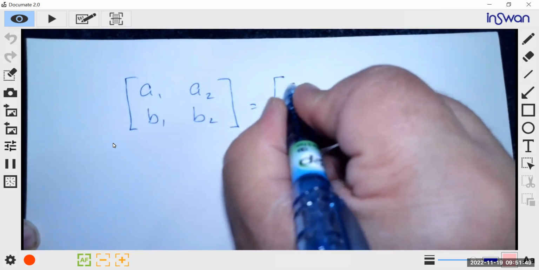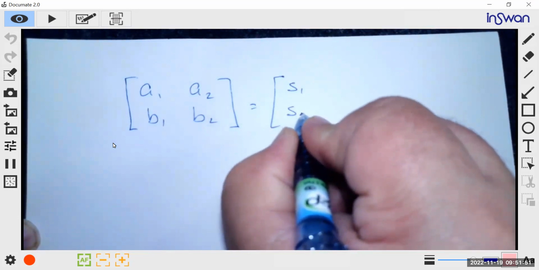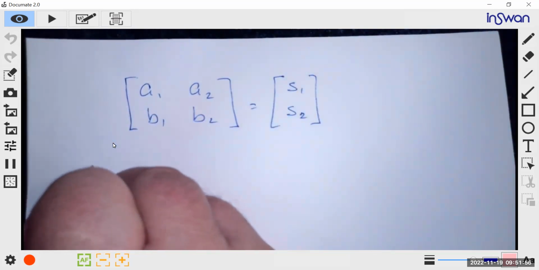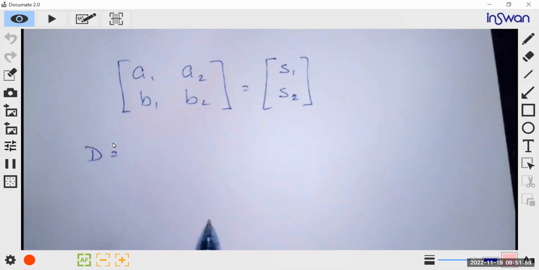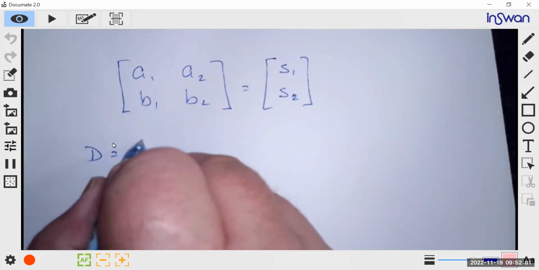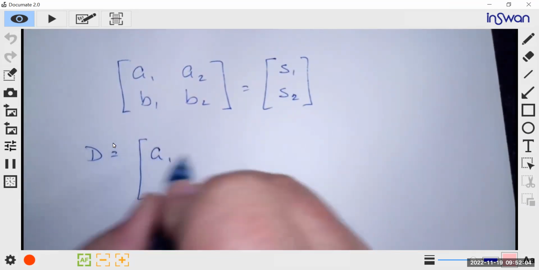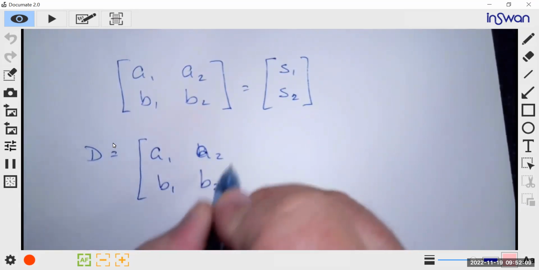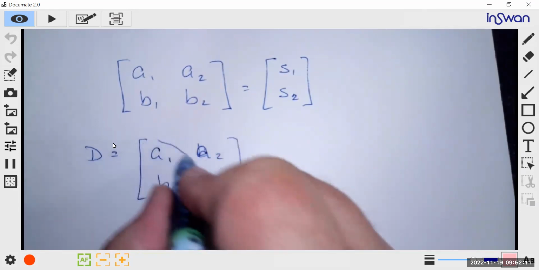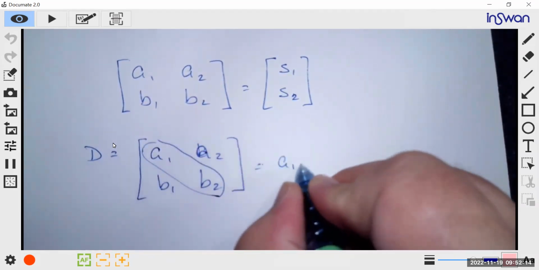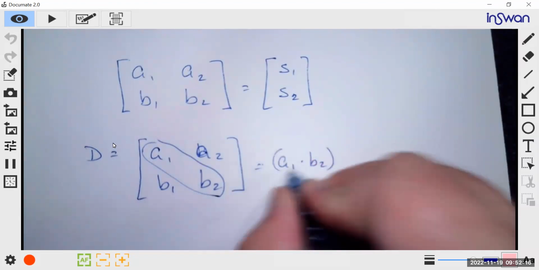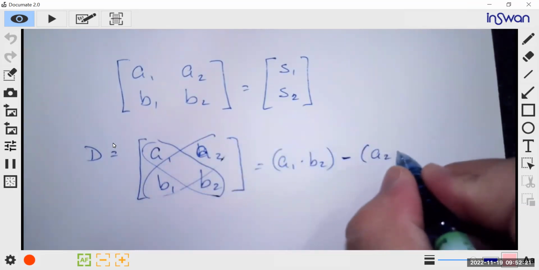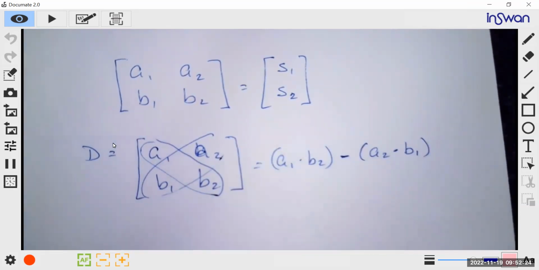And since those are the answers, that's solution 1, solution 2, or answer 1, answer 2. The first thing you do is find the main discriminant or determinant. So A1 times B2 minus A2 times B1. That gives you the D.